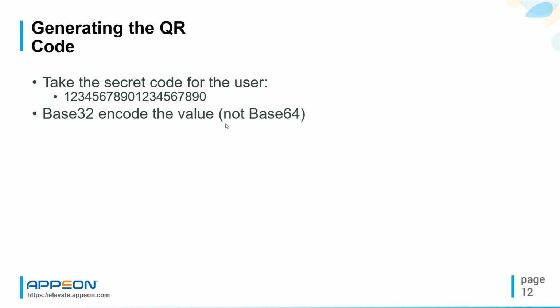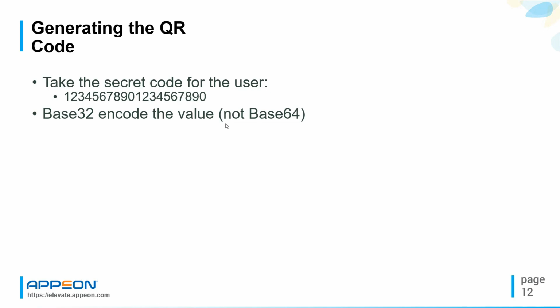Base 32 is a little bit more of an esoteric encoding format than base 64. What was introduced in PowerBuilder 2017 was base 64 encoding. Unfortunately, PowerBuilder doesn't have a native base 32 encoding method yet.